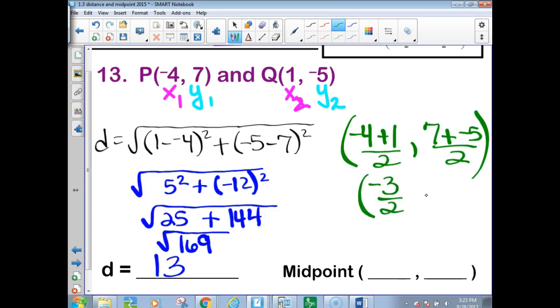The negative 4 plus 1 is negative 3. 7 plus negative 5 is 2. If you typed in your calculator negative 3 divided by 2, you're going to get negative 1.5. Decimals are fine. 2 divided by 2 is 1.